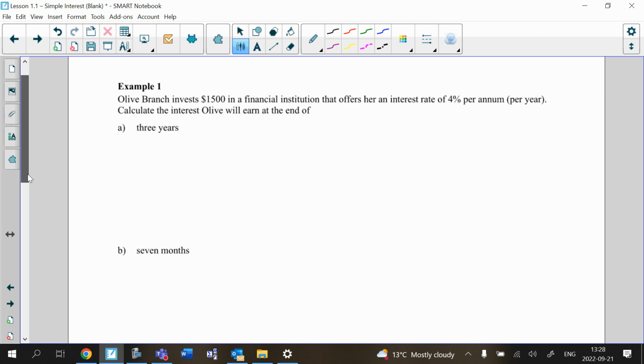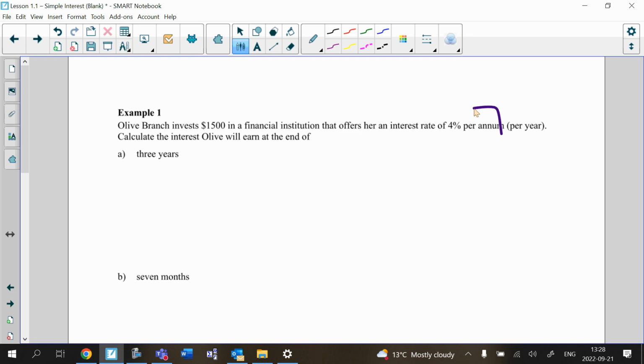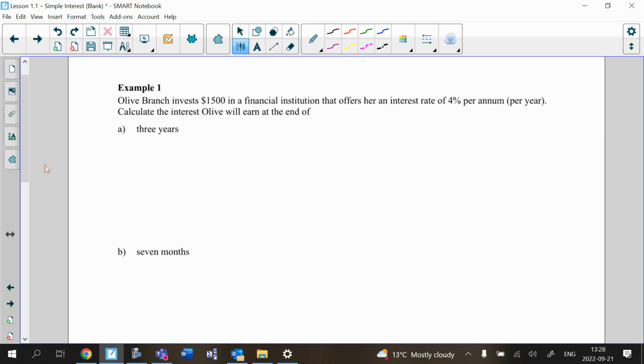Per annum just means per year. So we're asked for 3 situations. How much interest will she earn if she keeps the money in for 3 years? How much will she earn if she keeps it in for 7 months? And how much will she earn if she keeps it in for 100 days?